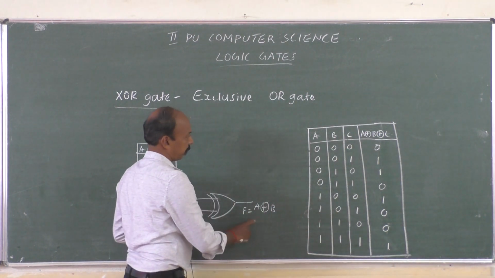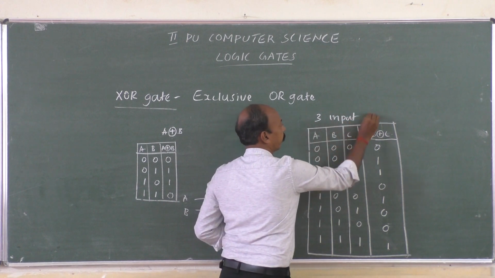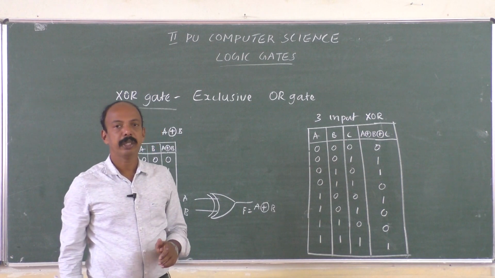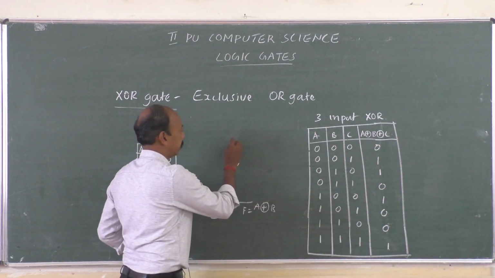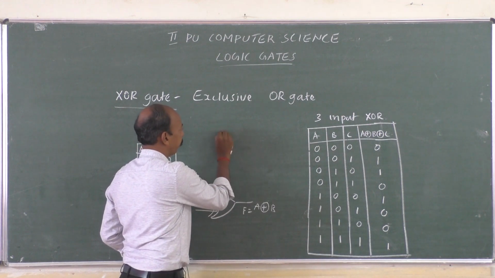How to draw? This is 3 input XOR. Truth table for 3 input XOR. The logic representation or symbolic representation will be the same.